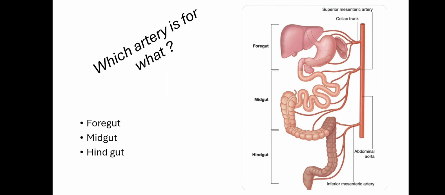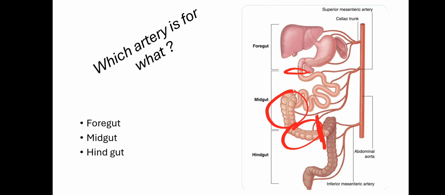Okay, so embryologically the gut system is divided into foregut, midgut and hindgut. Just a revision. We have the esophagus, stomach, and duodenum up to the major duodenal papilla as the foregut. Then the rest of the second part of the duodenum, third, fourth, and jejunum, ileum, ascending colon, and the right two-thirds of the transverse colon are the midgut.